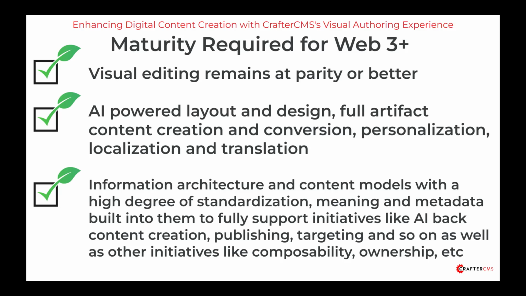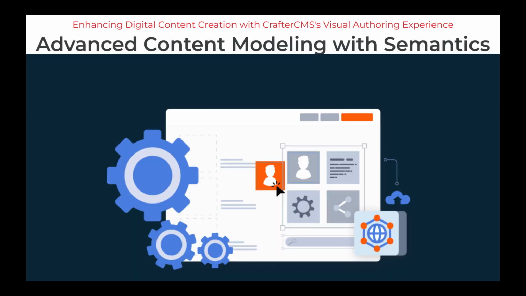Another thing that we need is great information about how the content and fields relate to one another. And for us, this means completely rethinking and revamping our content modeling platform with really discrete fields, powerful new capabilities with relationships between fields, and great metadata about those fields.